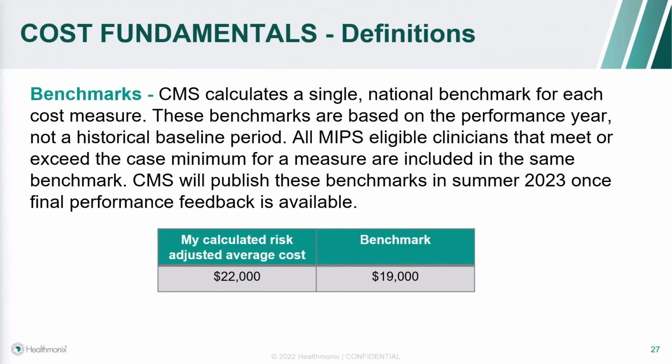At the end of the year, again, this is all done retrospectively, which is one of the big challenges with this whole category, CMS will take all of the episodes and all of the performance of providers, and they'll look across all of them, and they'll come up with a benchmark, which is the average risk adjusted calculation, and then they will measure any given provider for that measure against that benchmark. So CMS will publish these benchmarks in the summer of 2023 once the final performance feedback is available.